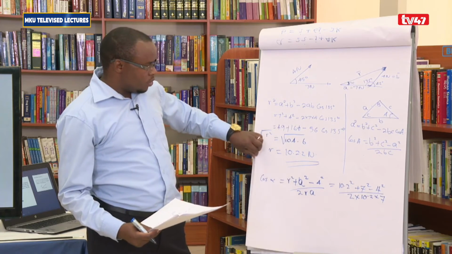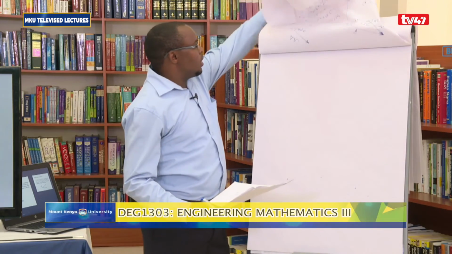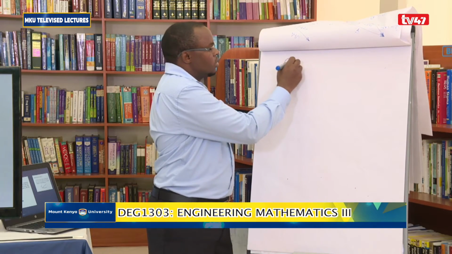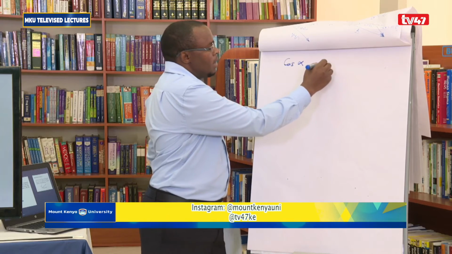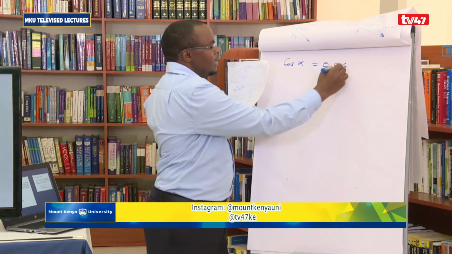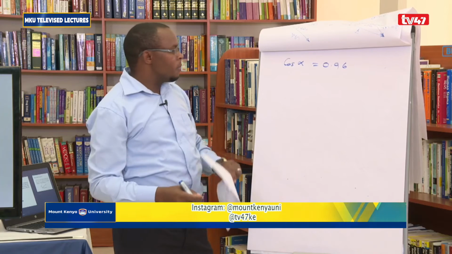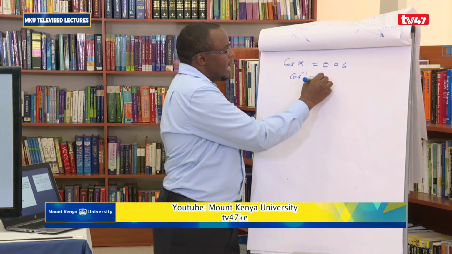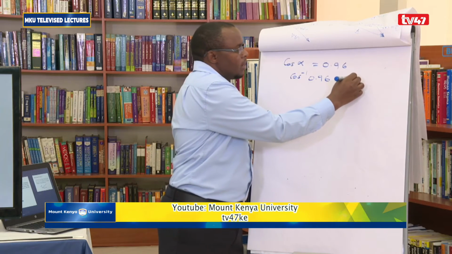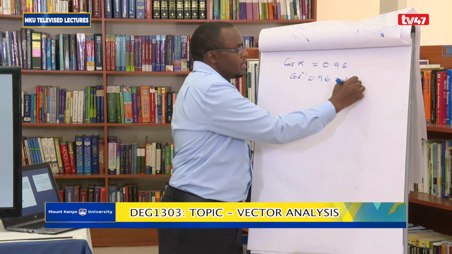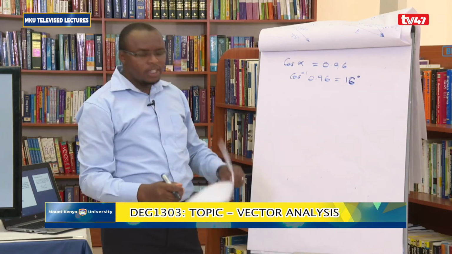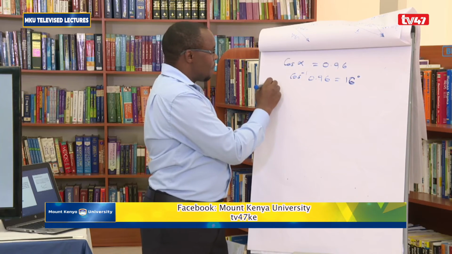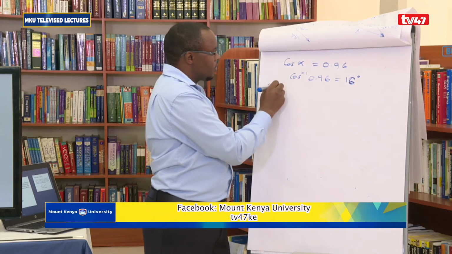So cos of A is going to be equal to that. And when you calculate that, you are going to get that cos of alpha is around 0.96. And then you get the cos inverse. So cos inverse of 0.96 is going to give you around 16 degrees. And then you write the resultant vector.